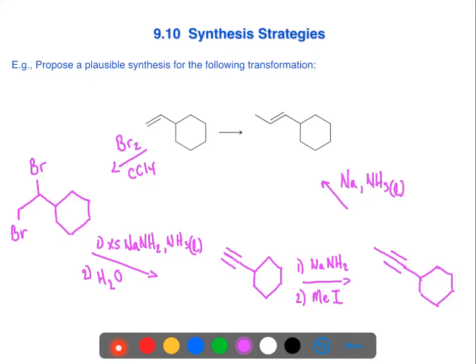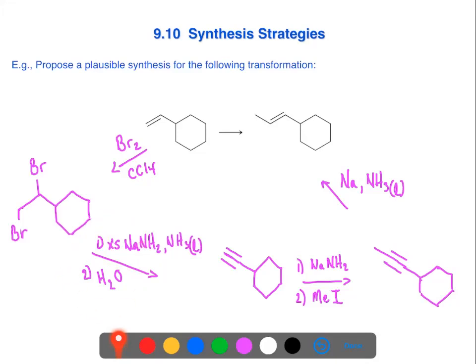Again, we start with bromination of the alkene to give us a dibromoalkane. We can then carry out successive E2 reactions and then a deprotonation if possible, most likely to give us the alkynide.